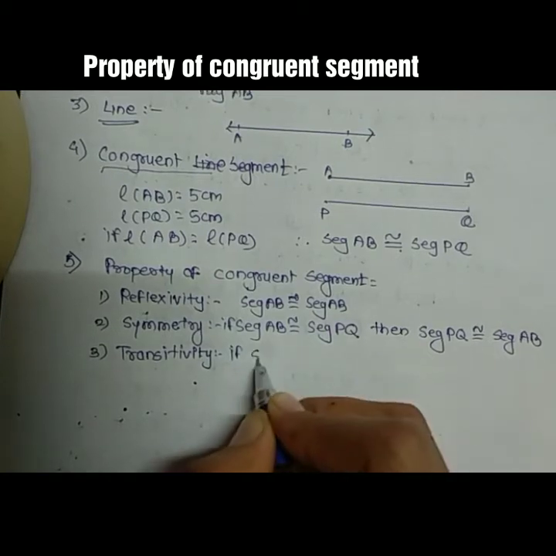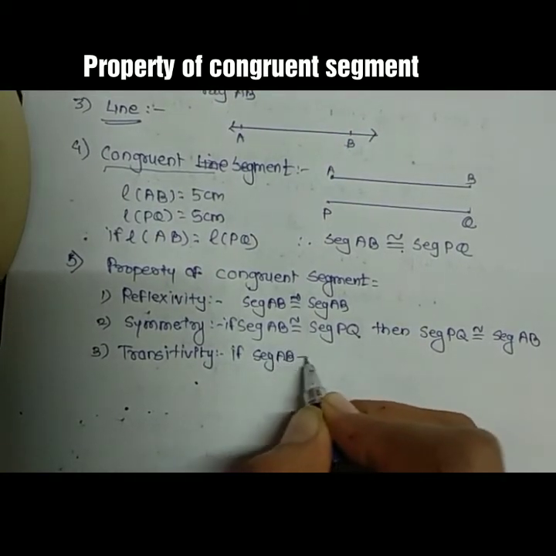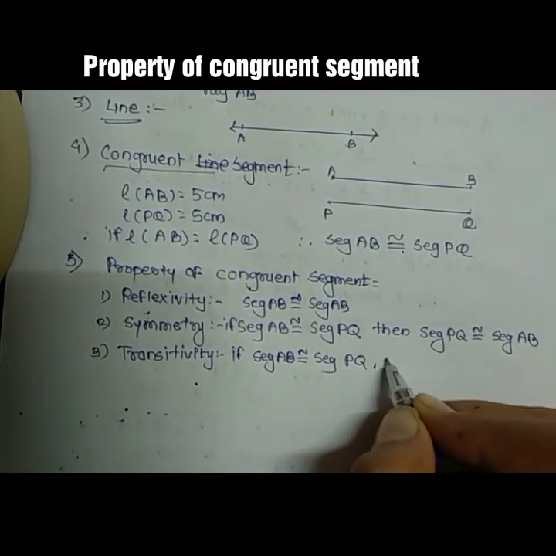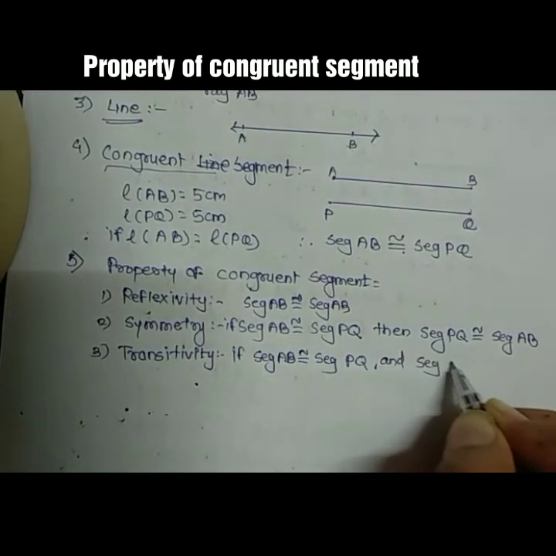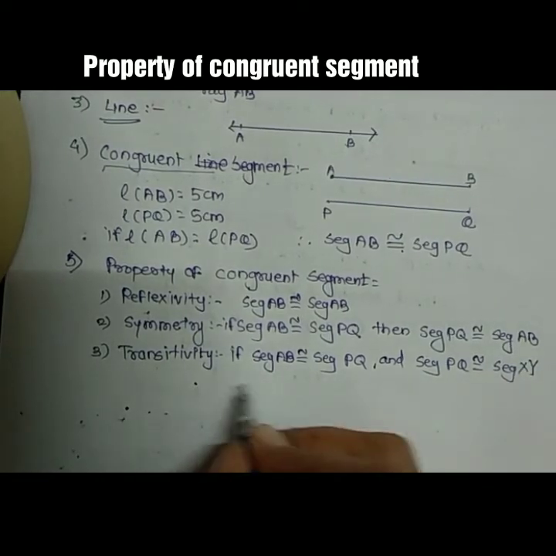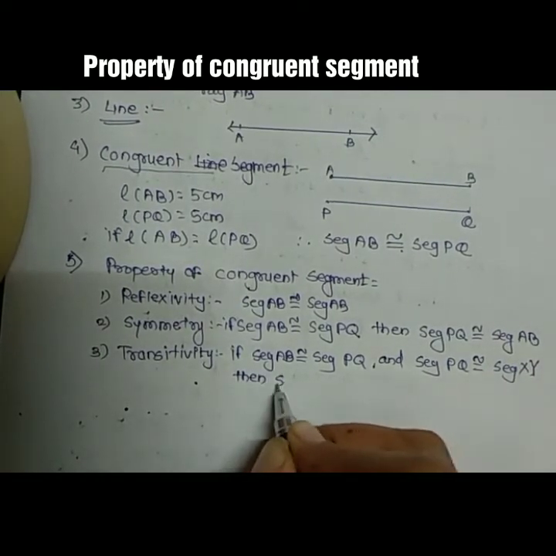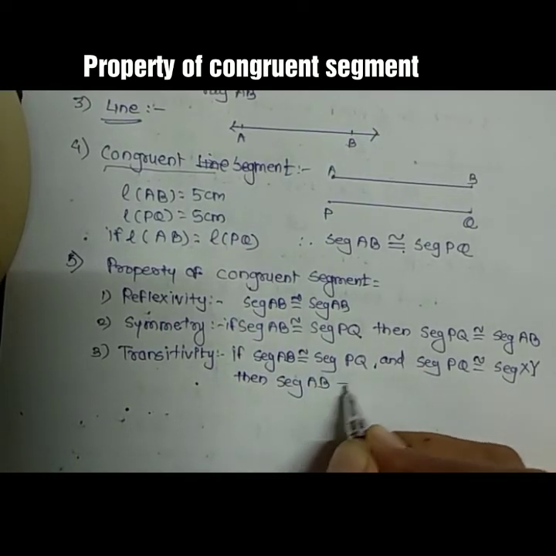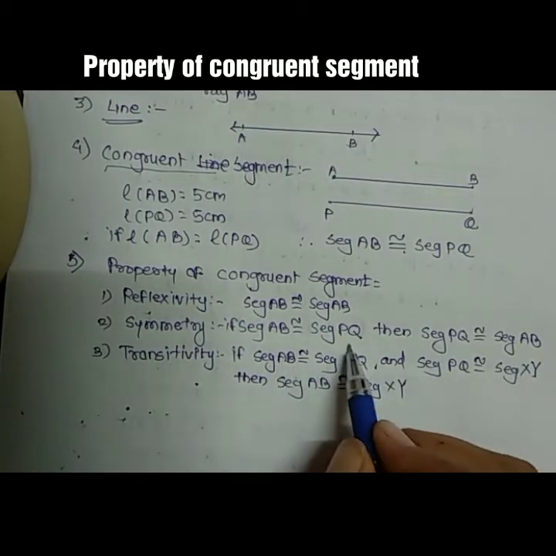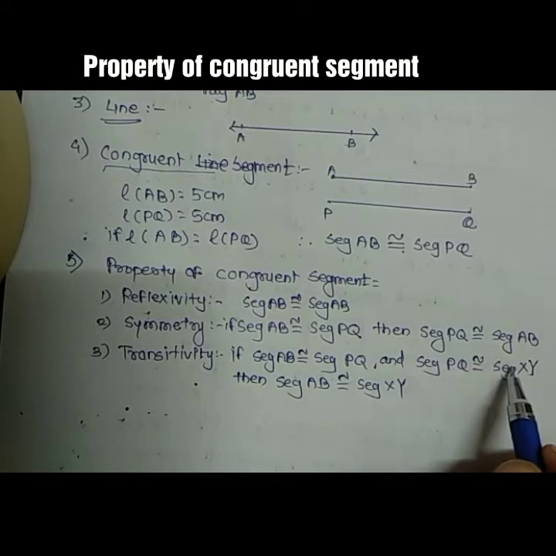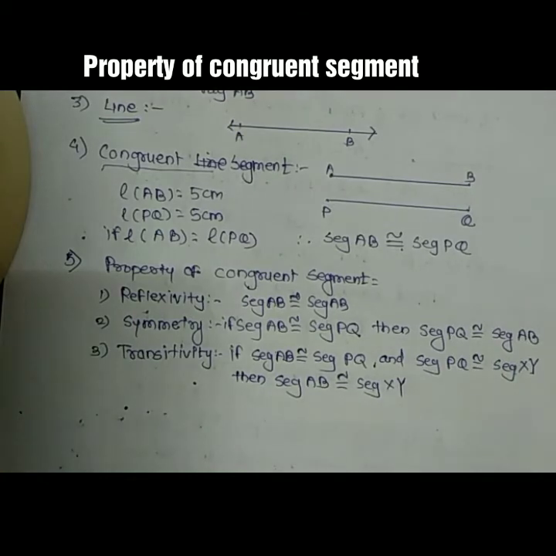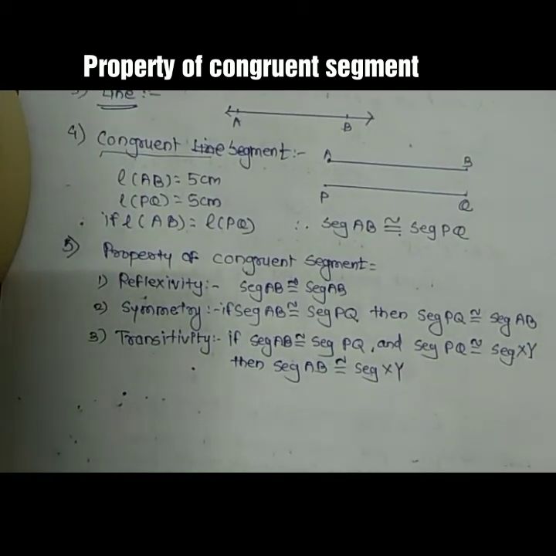It means if segment AB is congruent to segment PQ and segment PQ is congruent to segment XY, then segment AB is congruent to segment XY. These are the properties of congruent segments.